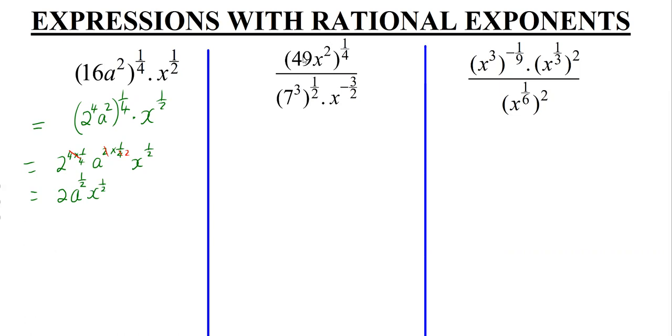Here what we have is 49x squared to the power 1 over 4. We're going to say, okay, 49 is 7 squared. So we're going to say 7 to the power of 2, x to the power of 2, 1 over 4, over 7 to the power of 3, in a bracket, 1 over 2, x negative 3 over 2.